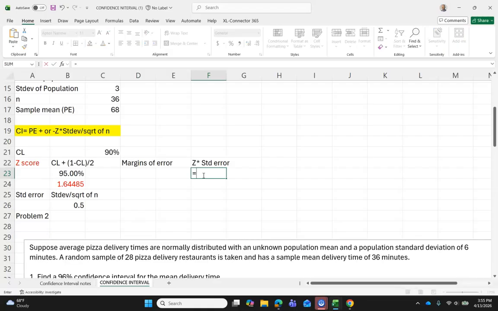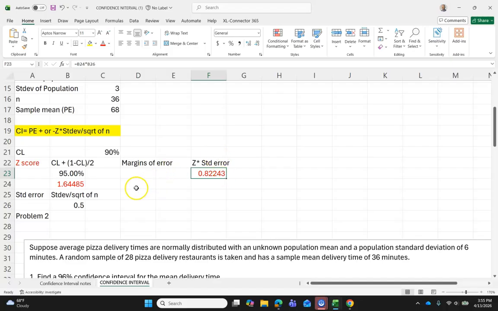Just put an equal sign, and then the z-score is this one times standard error. If you enter, you will see that the margin of error, plus or minus, will be 0.82243. That's the margin of error.